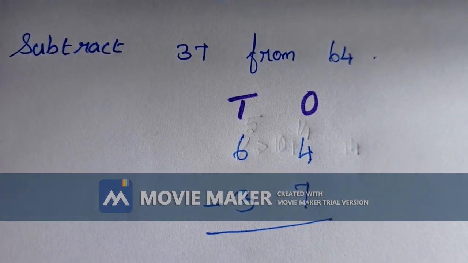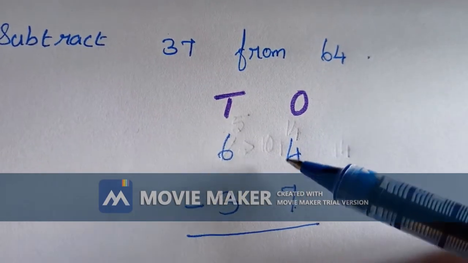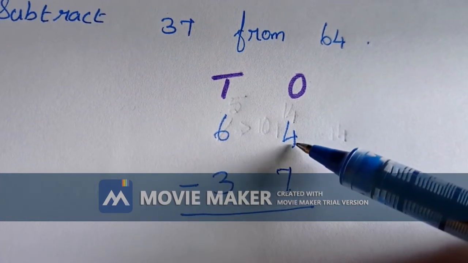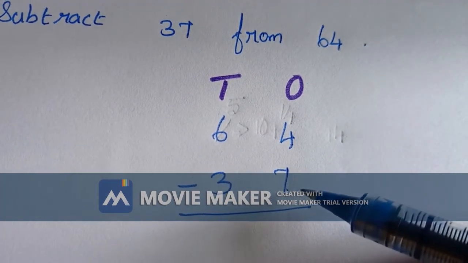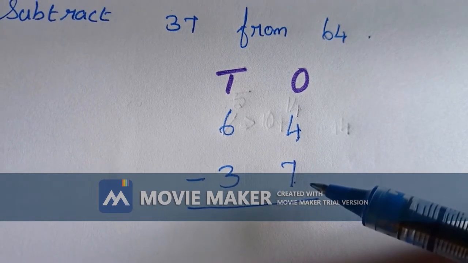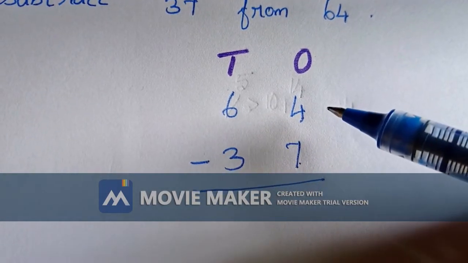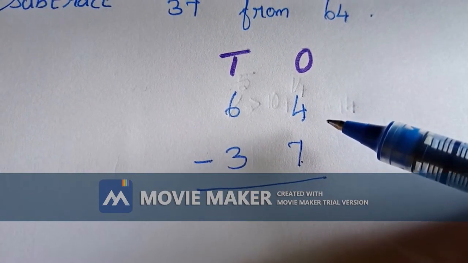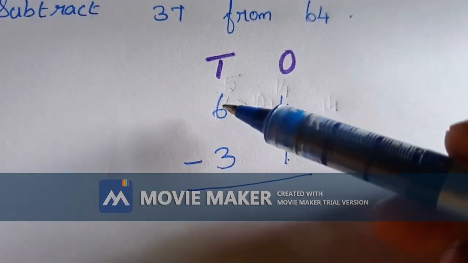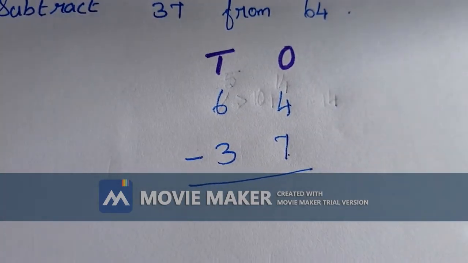Children, first you have to subtract the values in the ones place. The ones place values are 4 and 7. Can you subtract the number 7 from 4? No, isn't it? In that situation, you have to borrow 1 from the tens place. 1 means 1 ten.